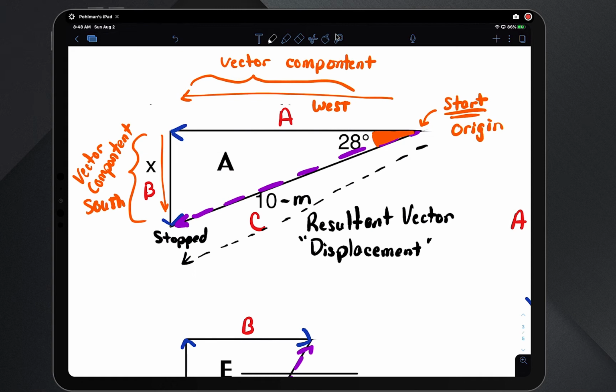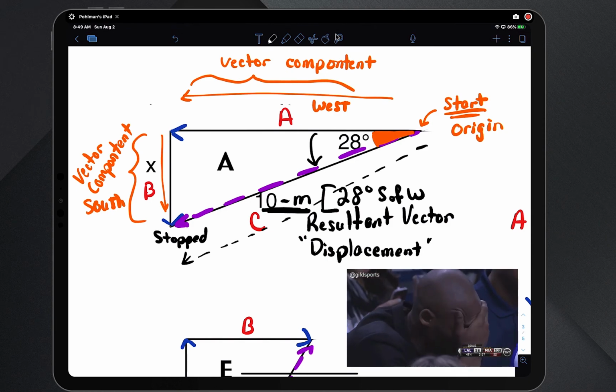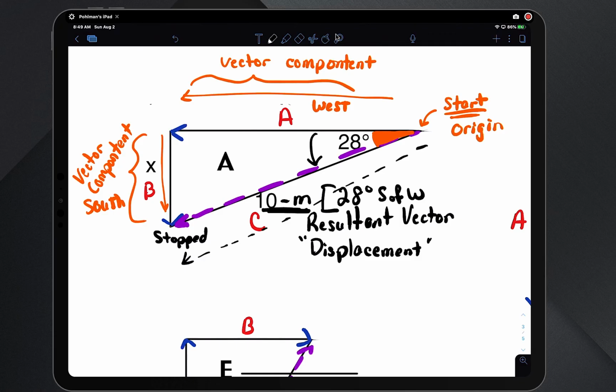Part of that direction was to the west, and part of that direction was towards the south. So we have 10 meters, and then we would put in the direction. We would say 28 degrees, and it's not south and it's not west. It's south of west, because we would have to go towards the south from the west direction to get to that vector.